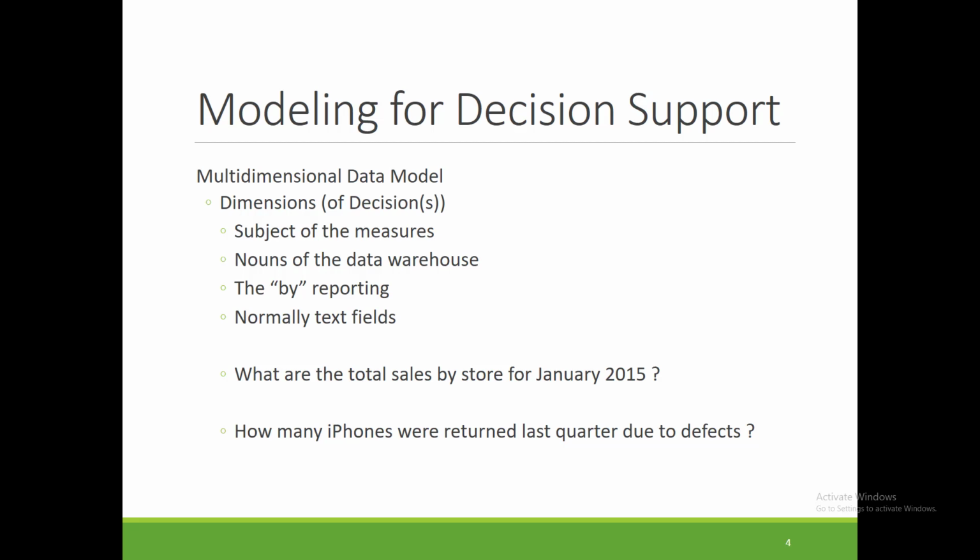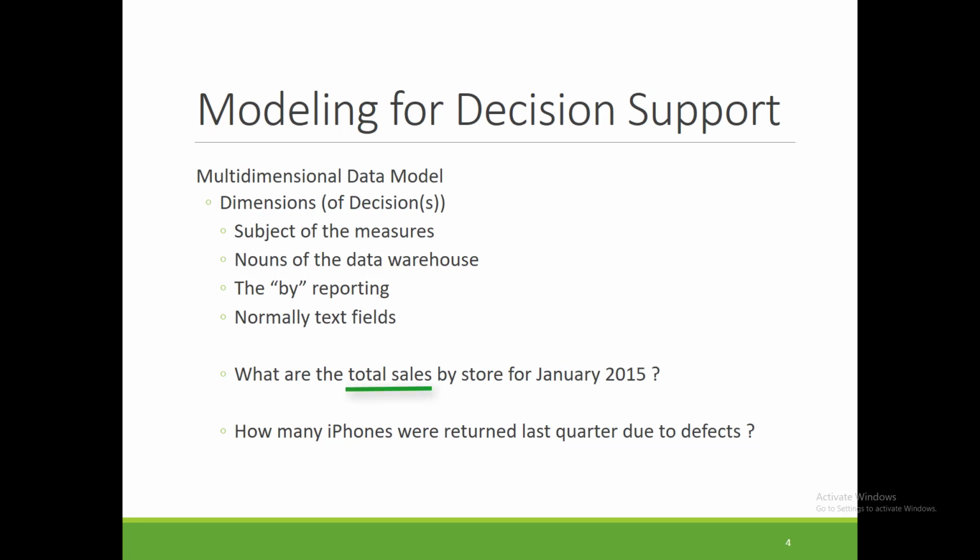So let's look at an example question. What are the total sales by store for January 2015? Let's try to pick out the measures and the dimensions here. So if we look at the measure first, what is the measure here? The measure here would be total sales right here.